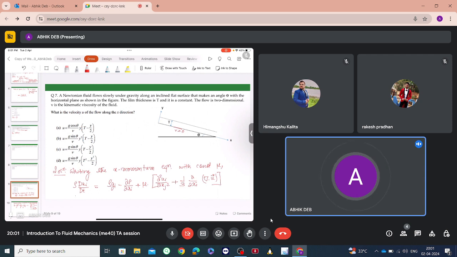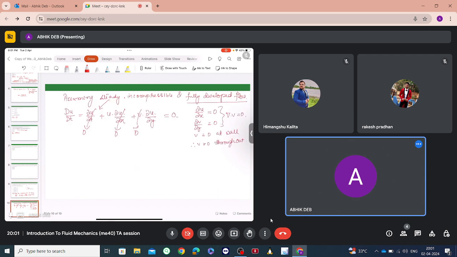Then, since both the inlet and exit are exposed to atmosphere, del p by del x will be equal to 0 for this one.